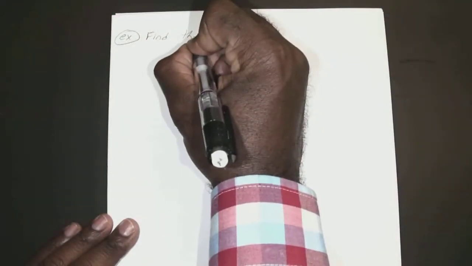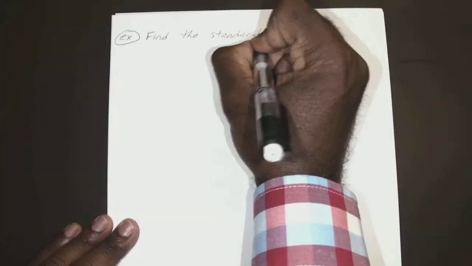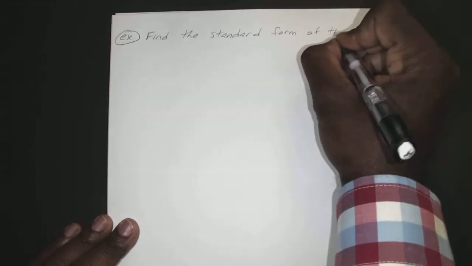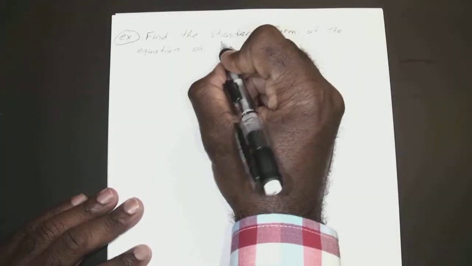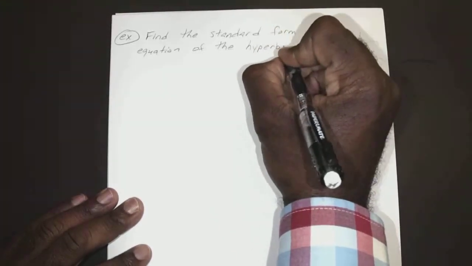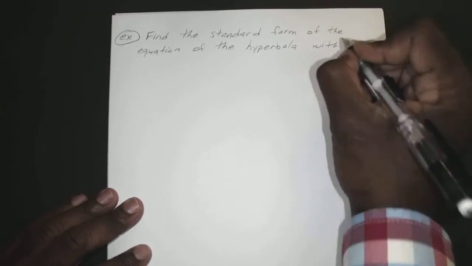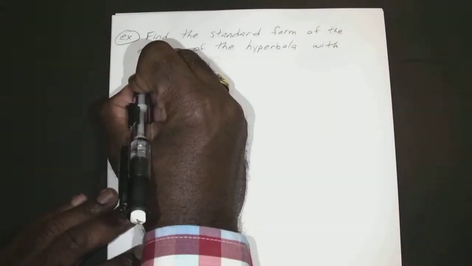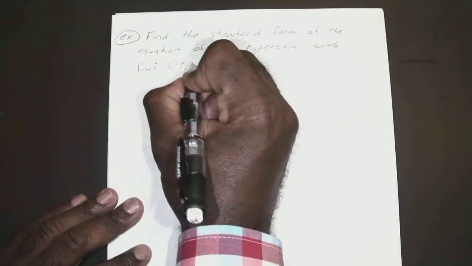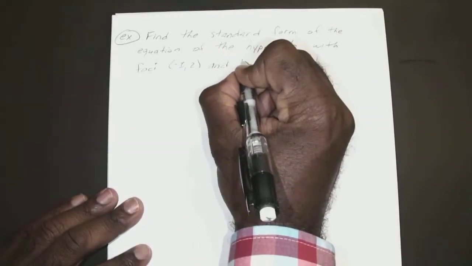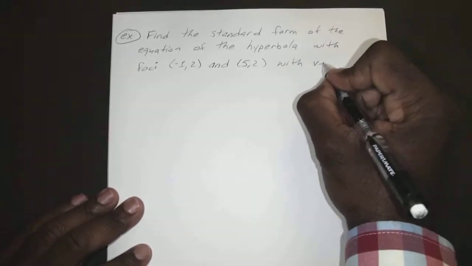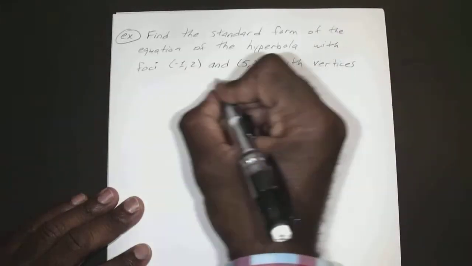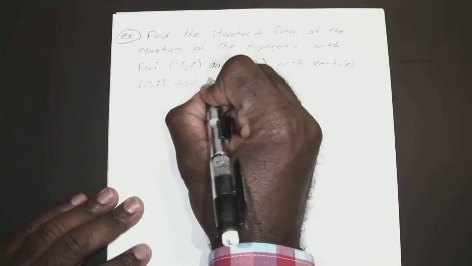All right, so let's say, for example, I want to find the standard form of the equation of the hyperbola with focus points (-1, 2) and (5, 2), with your vertices (0, 2) and (4, 2).